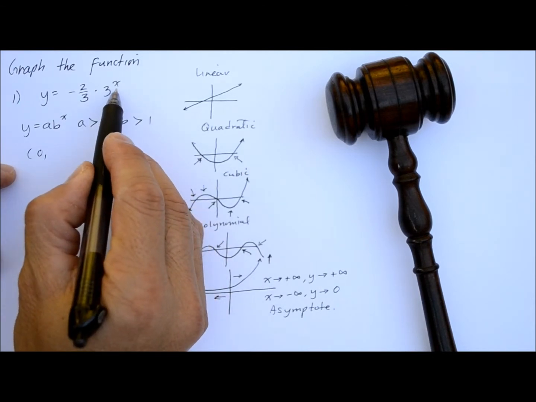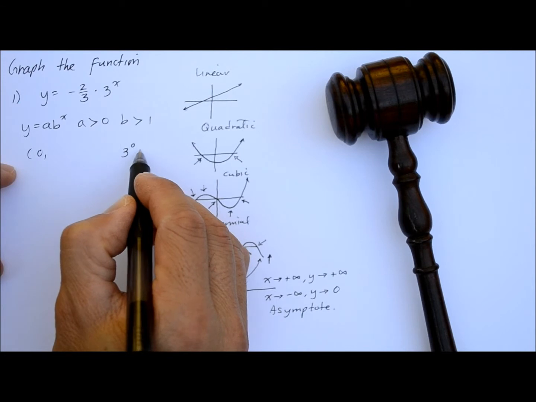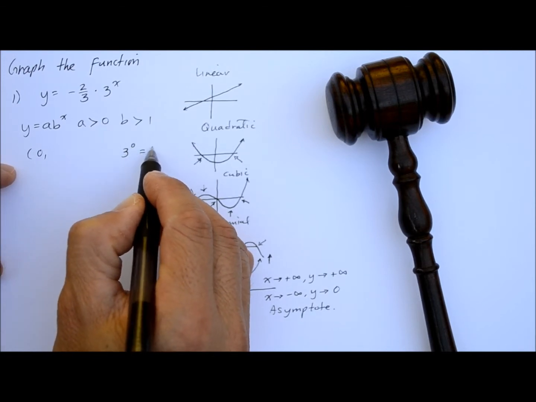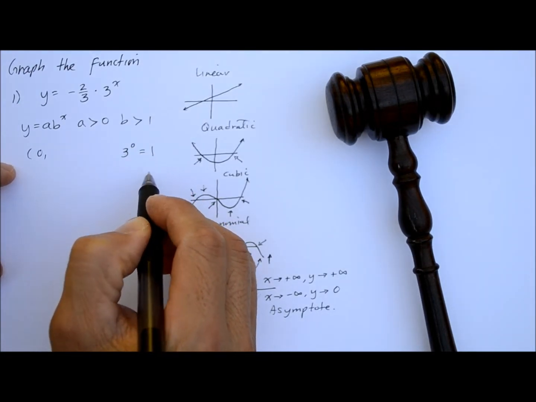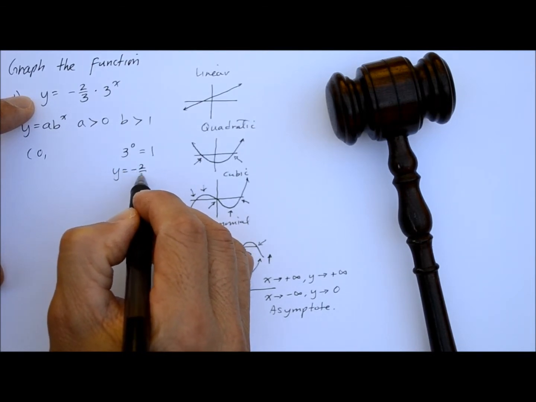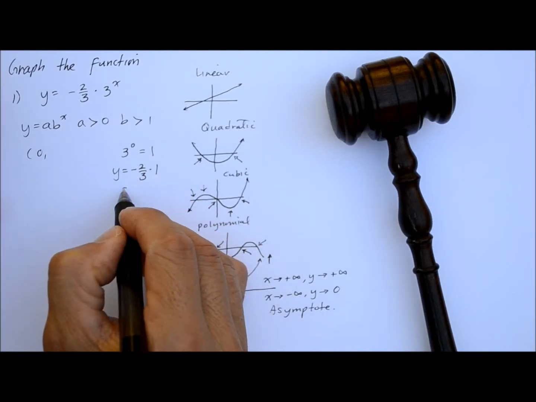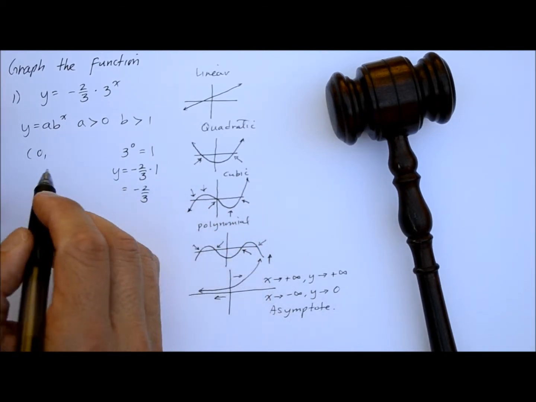So here's the x, and when you substitute that x with a 0, any number raised to a 0 exponent, the entire thing becomes a 1. So this function, y is equal to negative 2/3 times 3 to the 0 power, is actually saying times the 1. So it's negative 2/3. So here's the y value.